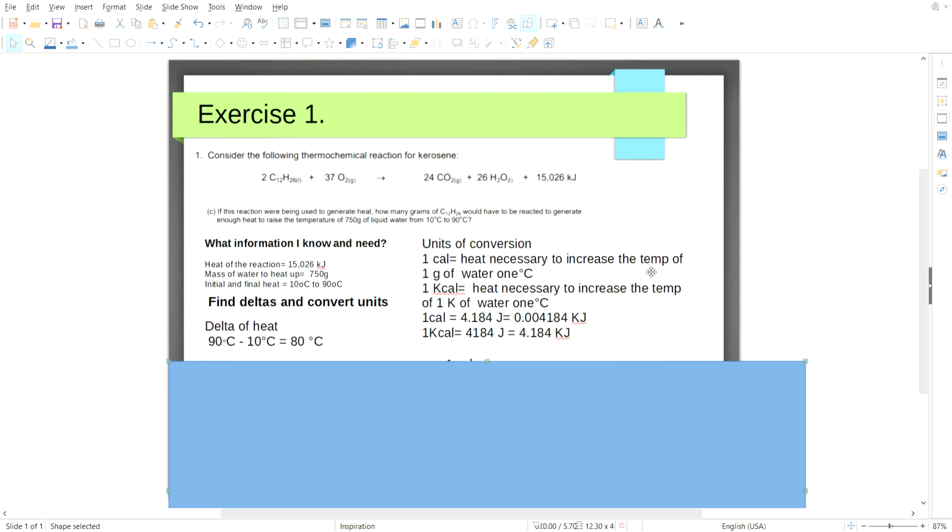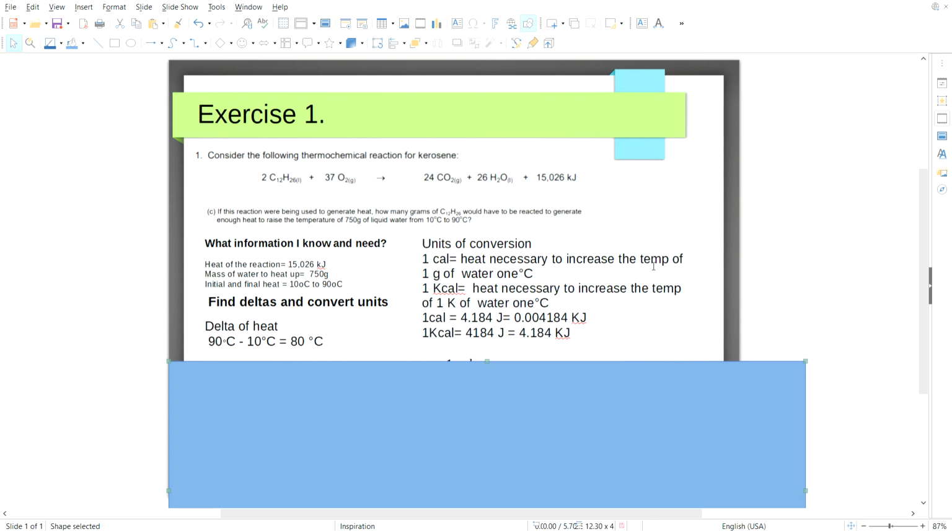That amount of heat is a calorie. And if you want to think not in 1 gram, but in 1 kilogram of it, or 1 liter, remember again, they are equivalent, that's a kilocalorie, the amount of energy necessary to increase the temperature from 30 to 31, not for a gram, but for a kilogram of water.